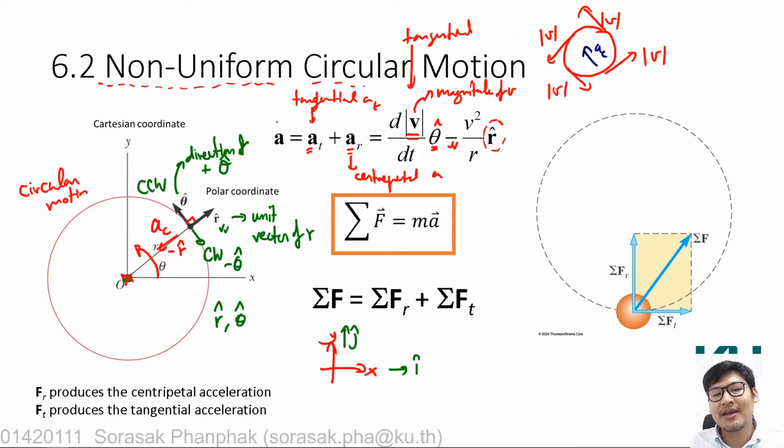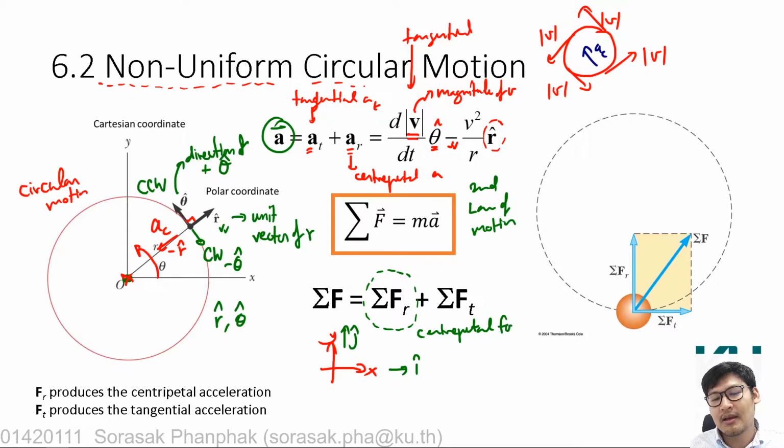Since you have the acceleration in terms of a vector, you know Newton's second law of motion. This is how you get the force: F_r is the centripetal force, and F_t is the tangential force.